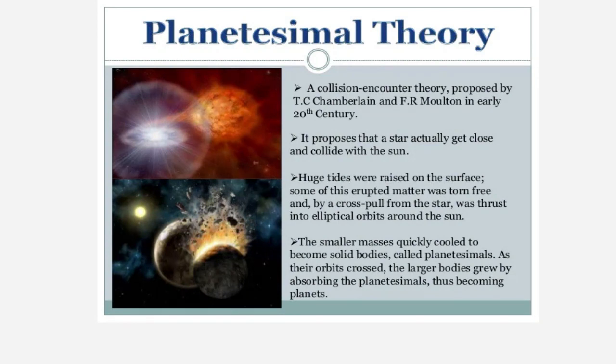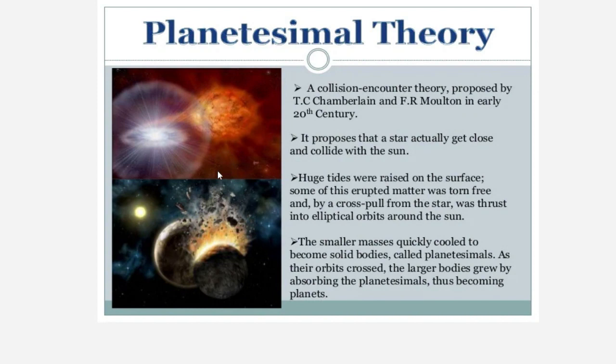So they gather together and collide. They form into larger bodies of planetesimals. When the planetesimals reach a size of about 1 kilometer, they begin to attract other smaller bodies due to their gravity.